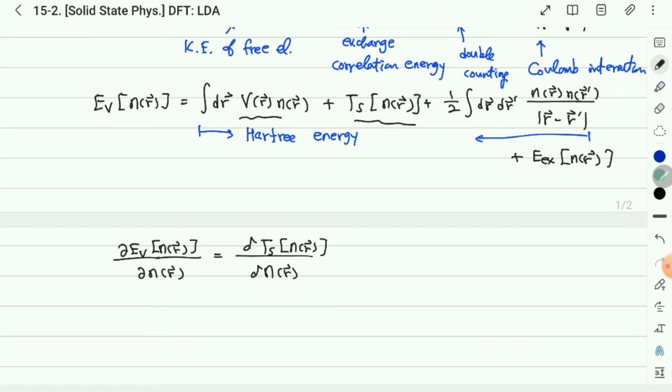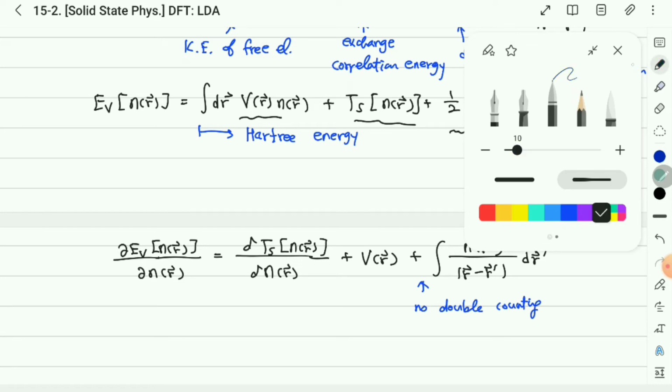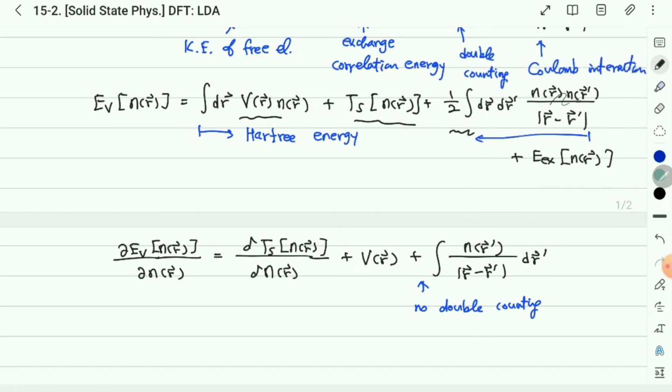and this term becomes the potential V(r). And the derivative with respect to n on this third term is plus the integral dr', because n(r) can be cancelled by the derivative, and also n(r') over |r minus r'| dr'. Here we do not have the 1/2 in the prefactor, and the absence of 1/2 means that there is no double counting, because there is only n(r), not n(r) and n(r').